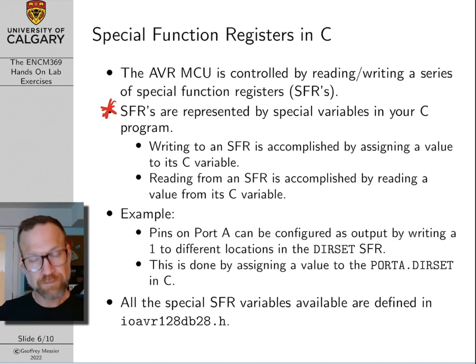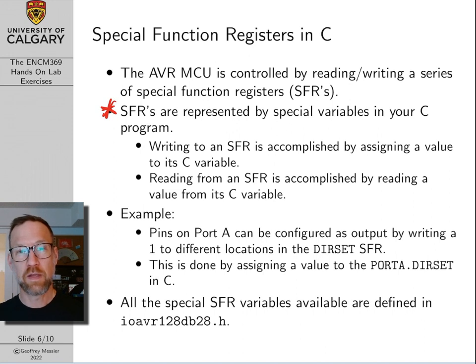So for example, one of the things that I'm going to show you how to do shortly is to configure some of the pins on the microcontroller to be digital output pins. And the microcontroller is very flexible, so its pins can either be digital output pins or digital input pins, and you need to tell the chip what you want to use each pin for.